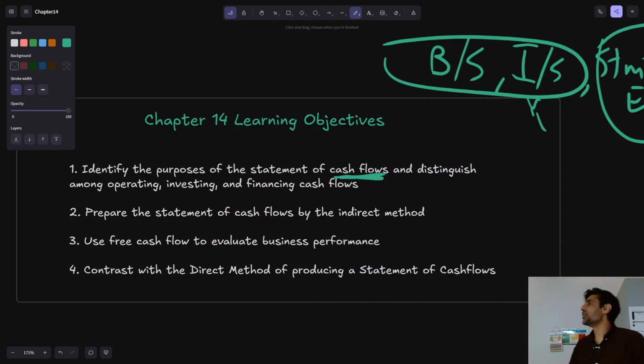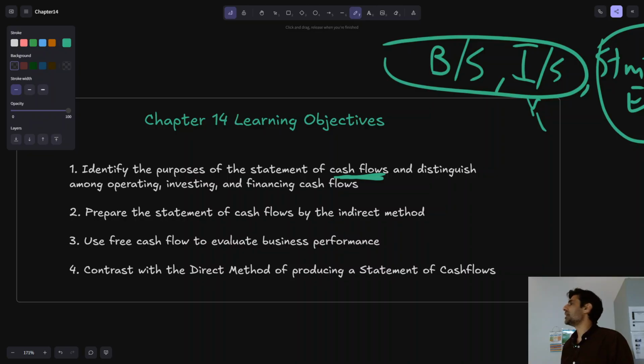If you're using a fully cash-based system, then you're not going to need the cash flow statement because everything is just going to be presented as cash on the income statement. You would expense something only when the cash goes out. Even if you're buying an asset, you're not going to have depreciation expense. You're just going to expense the purchase of the machine or whatever.